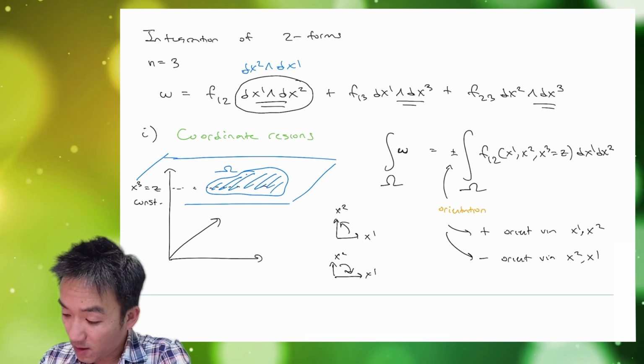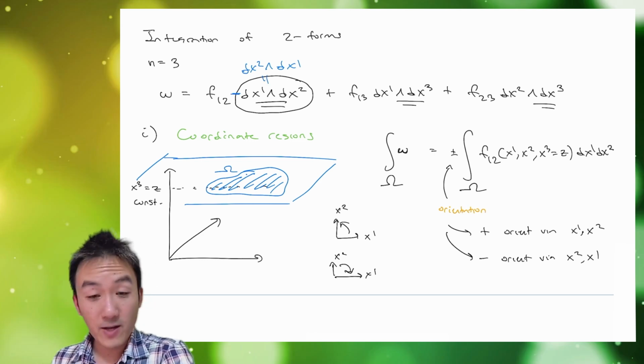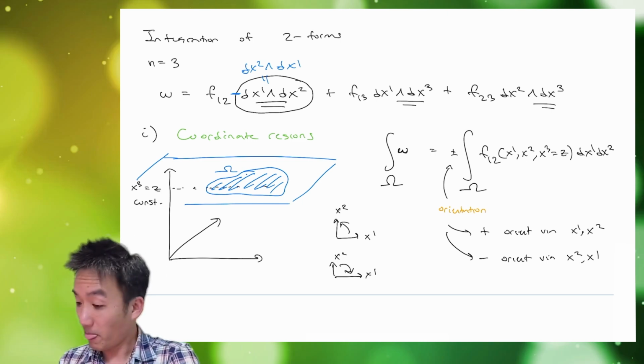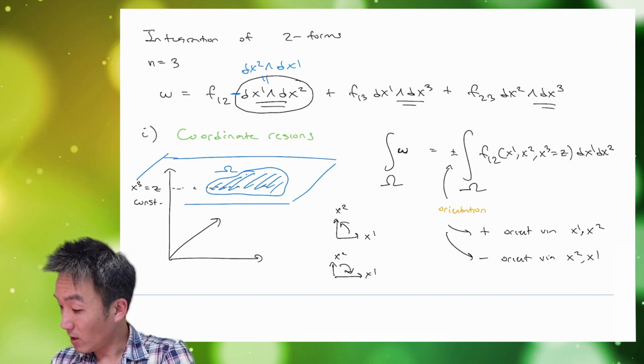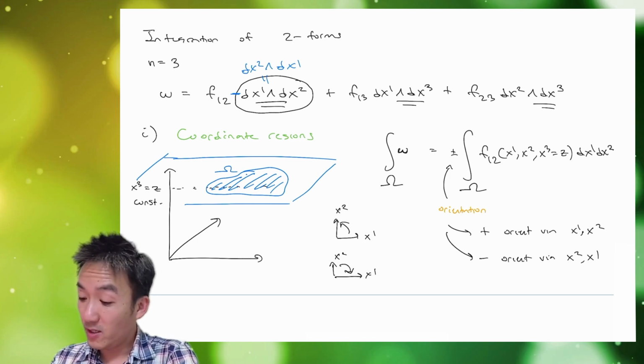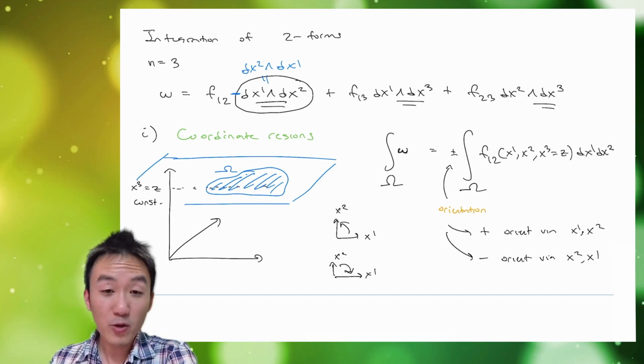This guy is the opposite of this, a minus sign of that, because whenever you switch 2 elements in the exterior algebra, you pick up a minus sign. And that's consistent also with which orientation will give you a plus or a minus sign. So if you switch the differential form from dx1 to dx2, and you switch the orientation of omega from x1, x2 to x2, x1, you get 2 minus signs and they cancel out.